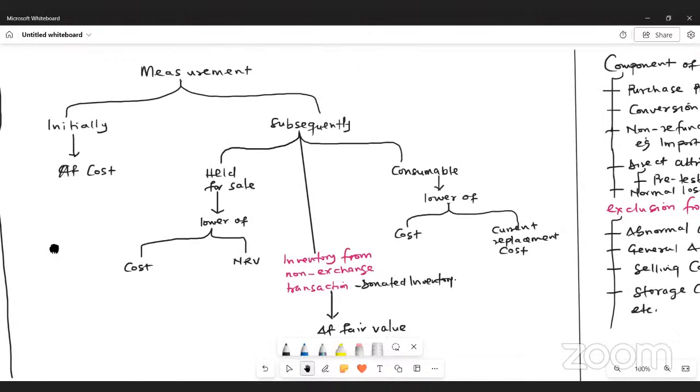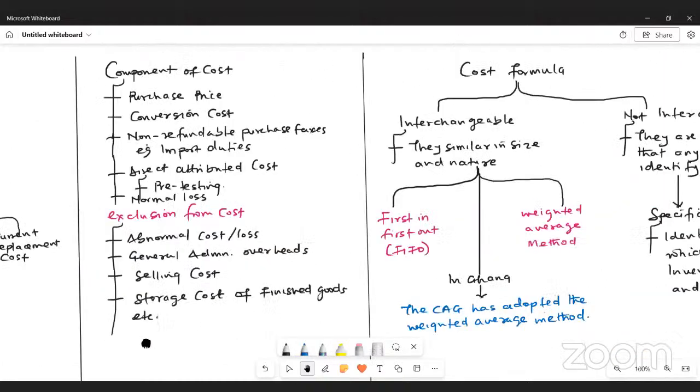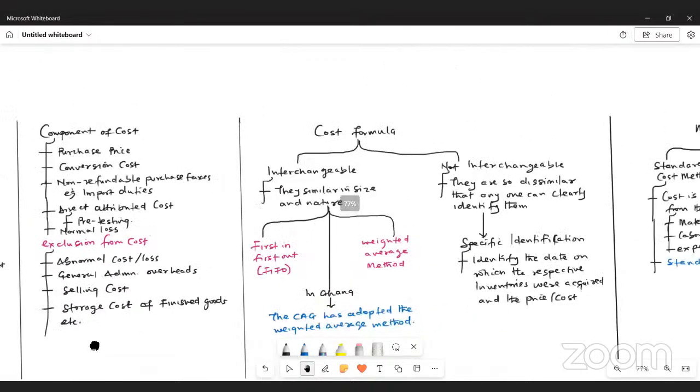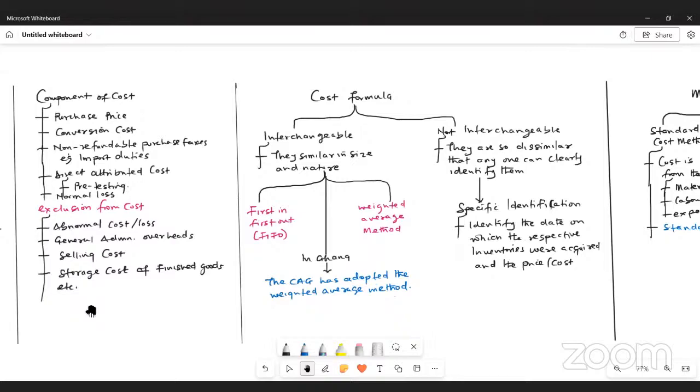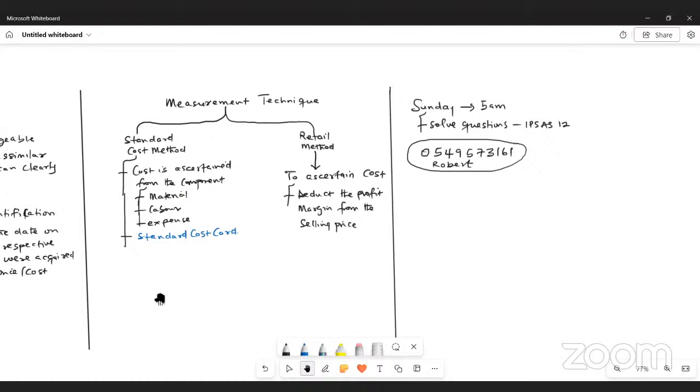Let's move to the next. Squeeze this one a little for you. Yeah, you can take this one too. Then finally, let's take this.